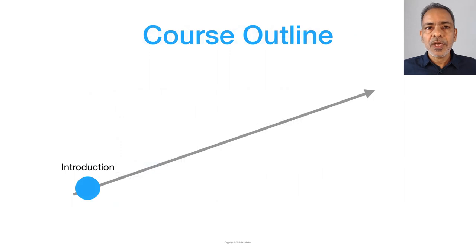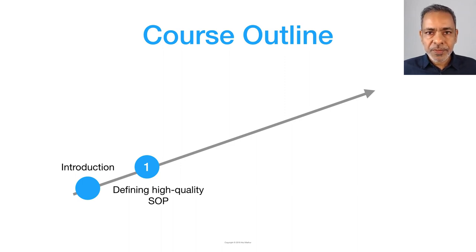Let's look at the course outline, which closely aligns with the learning objectives. This whole course is divided into 5 sections besides this introduction. Section 1 covers defining the high quality SOPs.